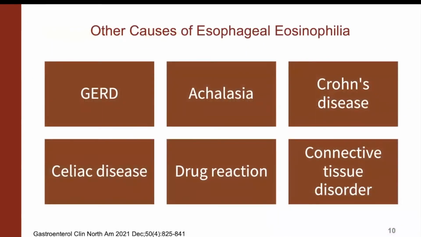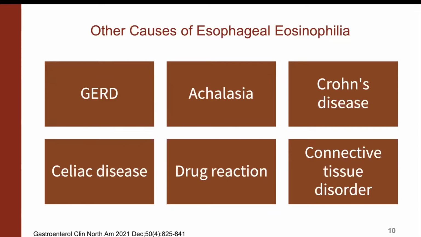And so these are just some conditions. It's not a complete list, but just some other common causes of esophageal eosinophilia. And those include GERD or gastroesophageal reflux disease, a condition called achalasia, which may cause trouble swallowing, Crohn's disease, which is an autoimmune inflammatory bowel condition, celiac disease, which involves gluten intolerance, and even drug reactions can increase eosinophils in the esophagus.